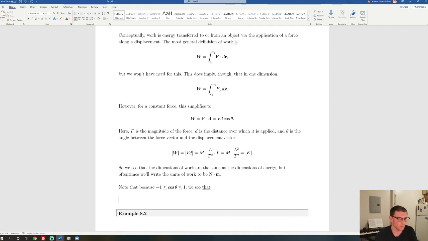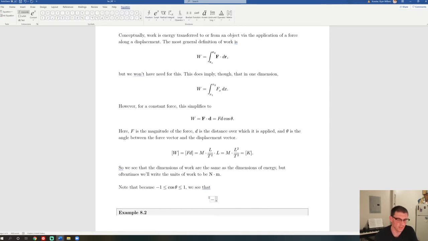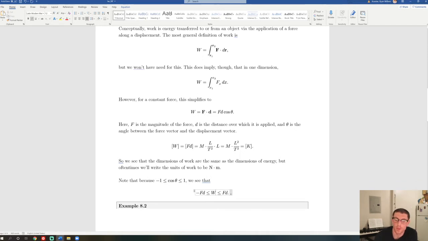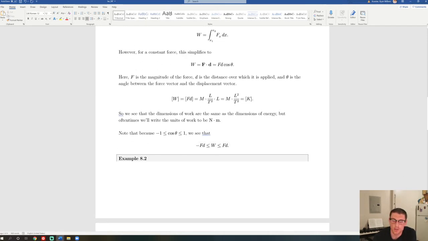Thus, we can write a similar expression for the work done by a force on an object, and we see that it will be somewhere in the closed interval between -FD and +FD. So this is just a sanity check for you to perform when you're calculating something. Is the numerical value between these two limits, I suppose? Okay, that does it for the definitions involving work.